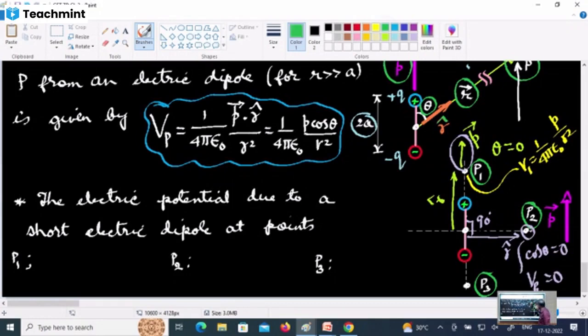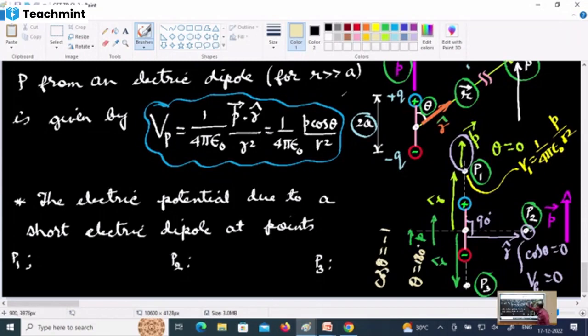Finally, the potential at P3. Notice this time R cap is downward, whereas P vector is always from negative charge to positive, upward. So therefore theta here is 180 degree. So cos 180 or cos theta is therefore minus 1.